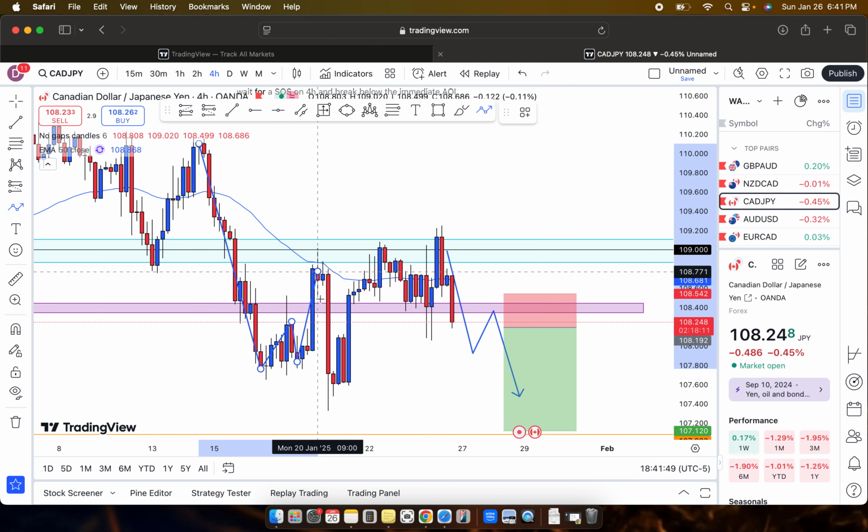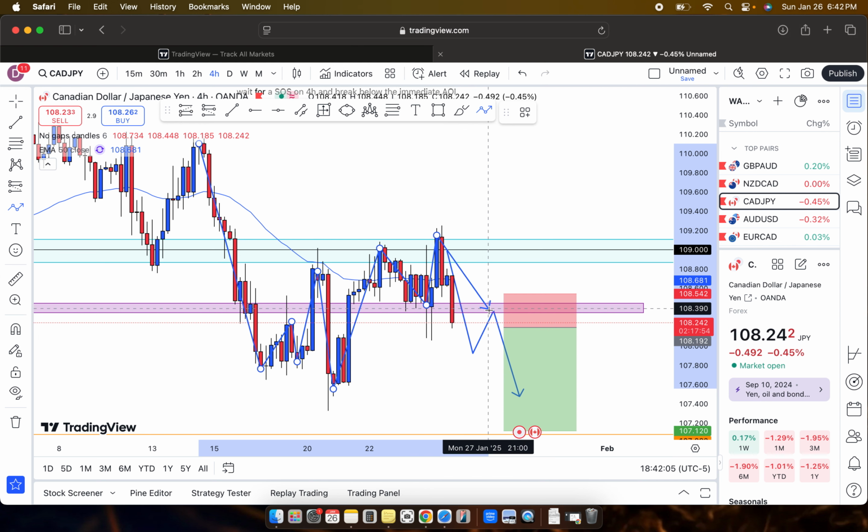We see that the 4 hour was creating lower highs and lower lows. Then it shifted its structure here to create a higher high, and it created a higher low here to then create a higher high. And now the price is back to that immediate area of interest, as I call it, that purple one, right?